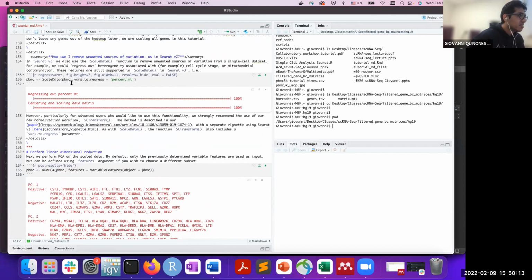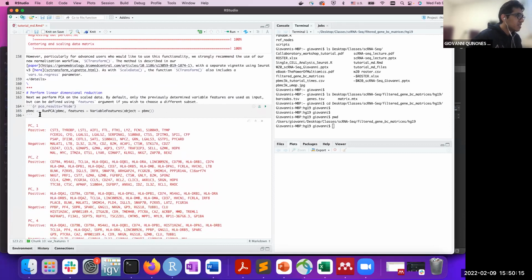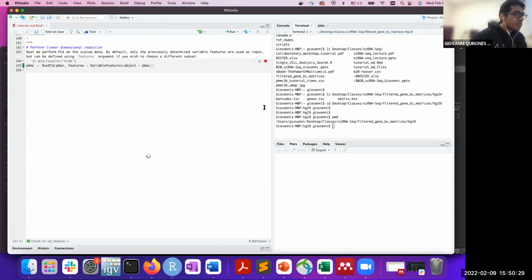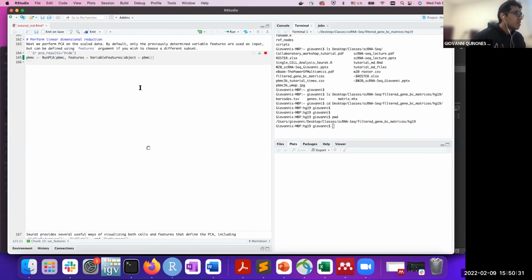So after we scale the data, we move to our cell in line 165. And the function to run PCA is called RunPCA. Very straightforward. You press the green arrow.